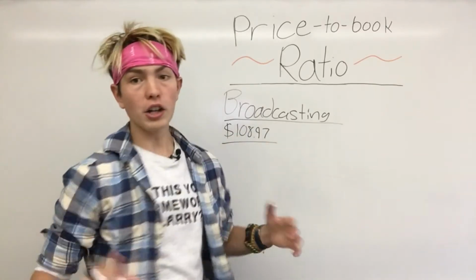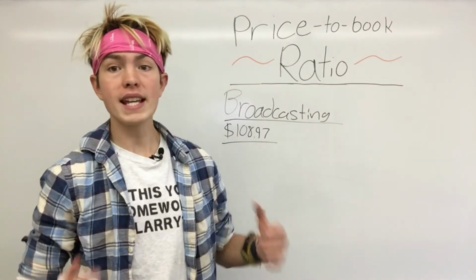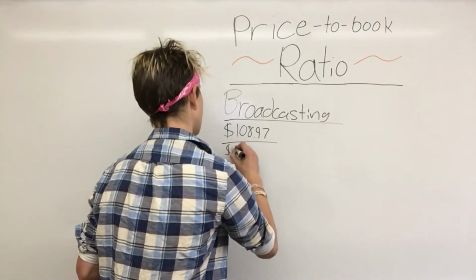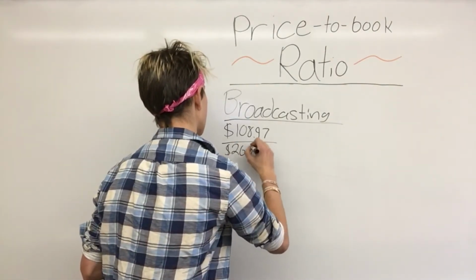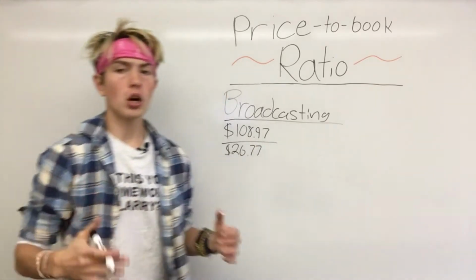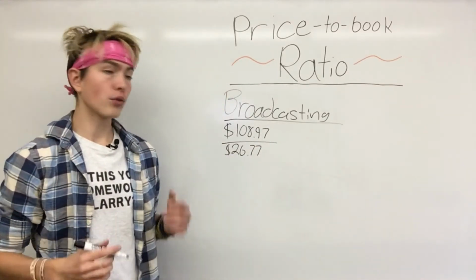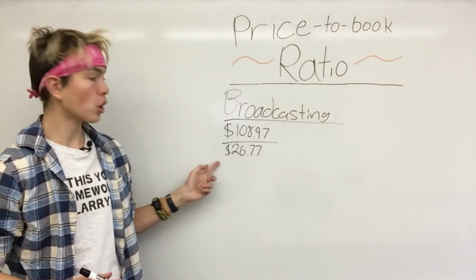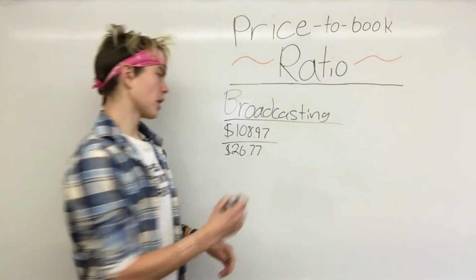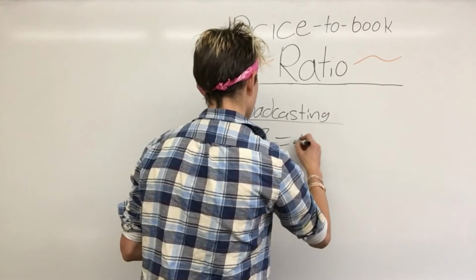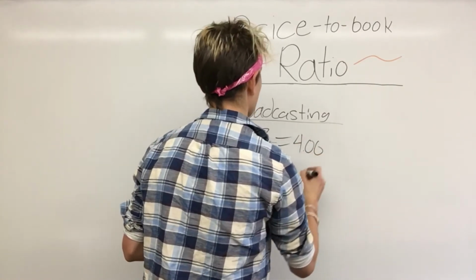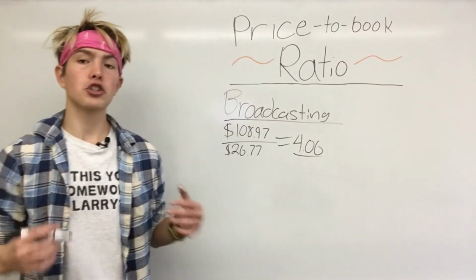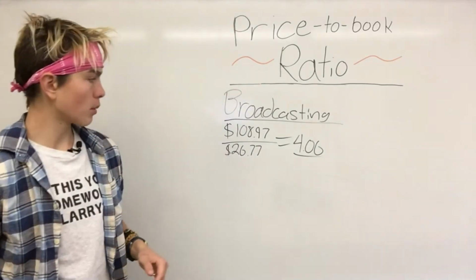Over their book value per share, currently about $26.77. So here's our formula again for price to book ratio: the price of a share compared to the book value per share. If we do the math on that, we come out to about 4.06 as our price to book ratio for Disney. And I'll show you where I got that 26.77 number as well.